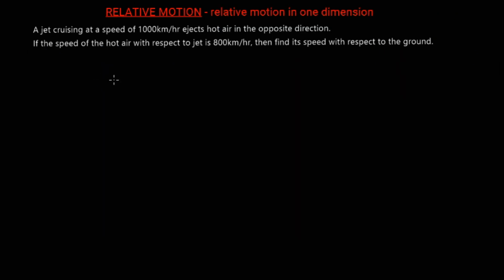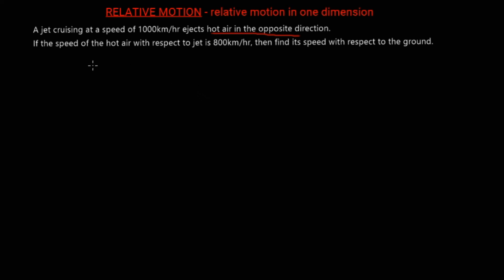Alright. A jet cruising at a speed of 1000 kilometers per hour ejects hot air in the opposite direction. So it's just like the case of the passenger moving backwards in a moving train, just like the former example I cited.